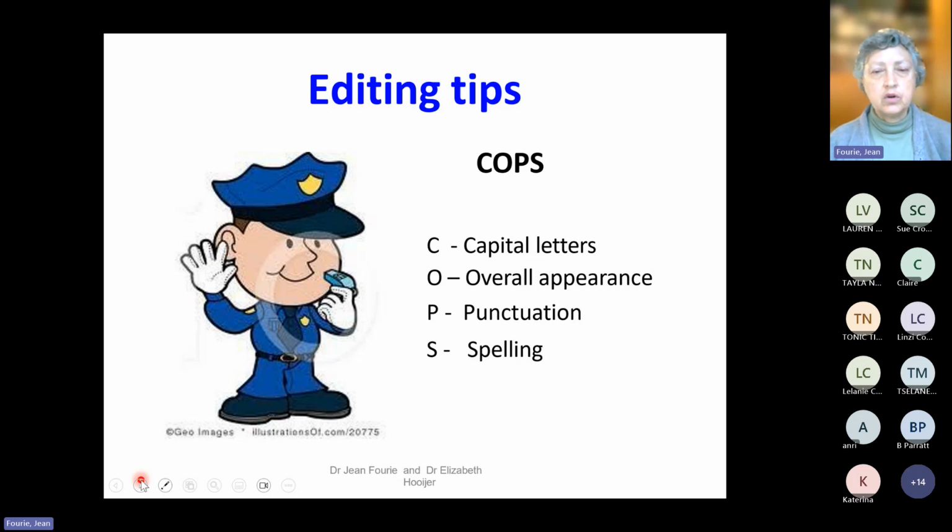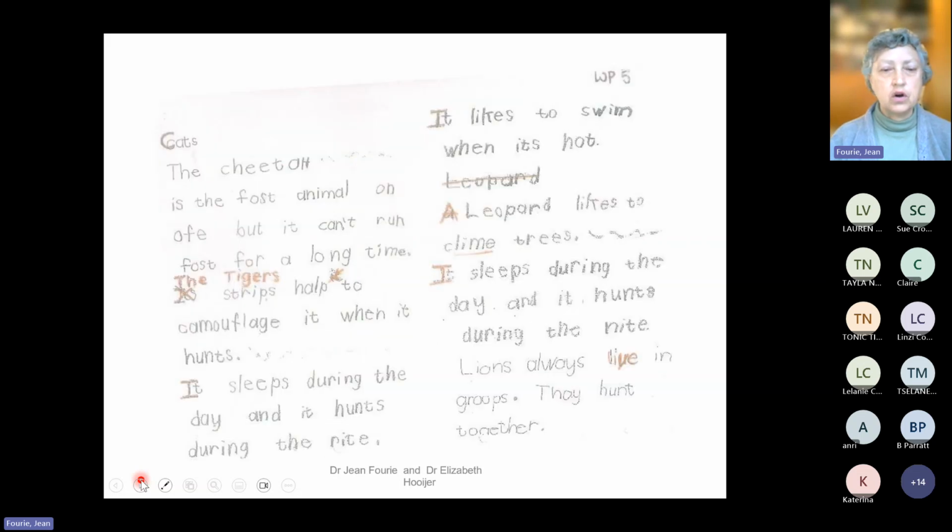So we're going to have a look at some of the places where we can do editing. Revising is when you're looking at the actual content of what you've written. But when you're doing editing, you're focusing very much on all the capitals, punctuation, and so on.